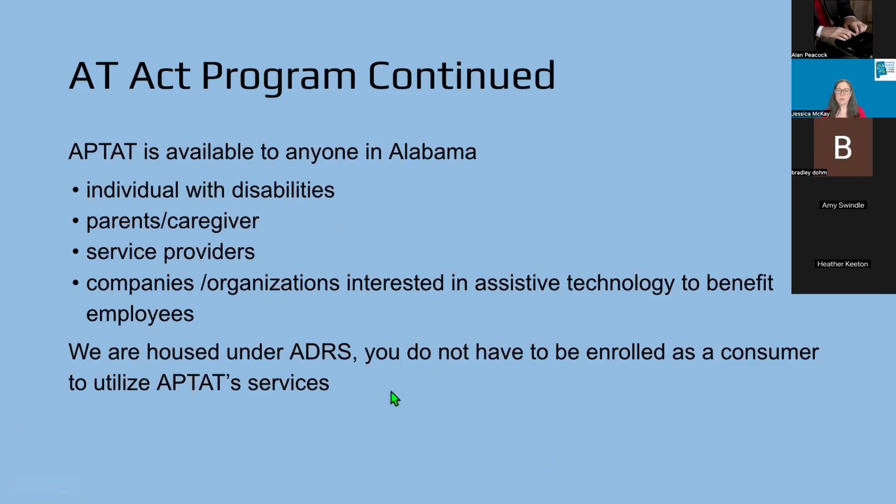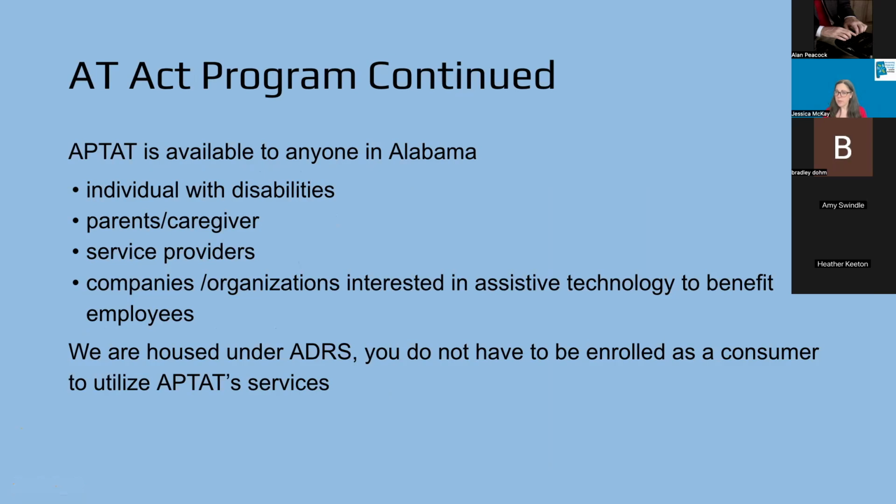So the biggest question we always get about the AT-ACT program, other than where do I get to check out all these wonderful devices, is who is this available to? And it is for everybody in the state of Alabama. So you could be an individual with a disability. You could be a parent or a caregiver, service provider, staff person, or just a company or organization interested in assistive technology to benefit your employees or your consumers.